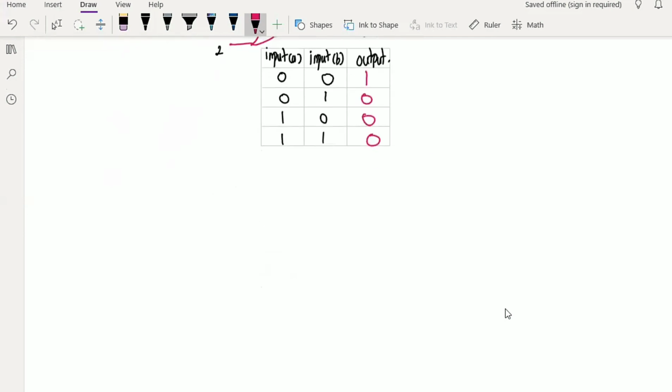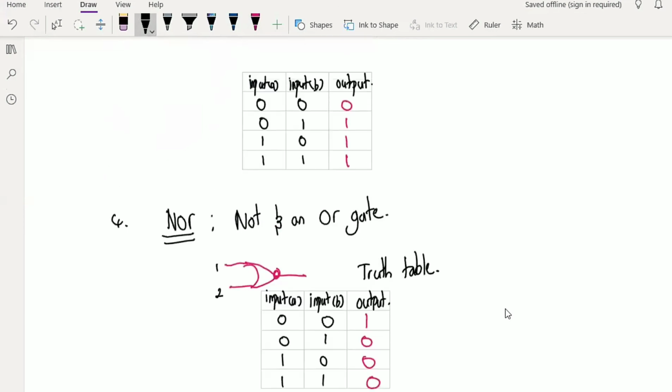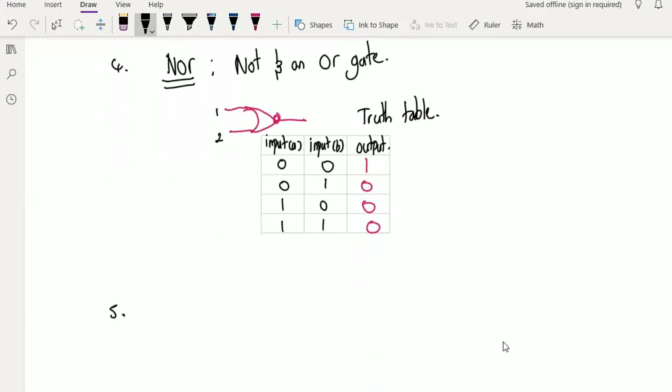The final logic gate that we have to know is a combination of the NOT and the AND. This is a NAND gate. Names for these are pretty funny.